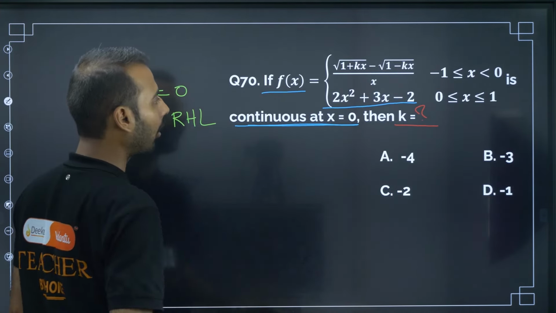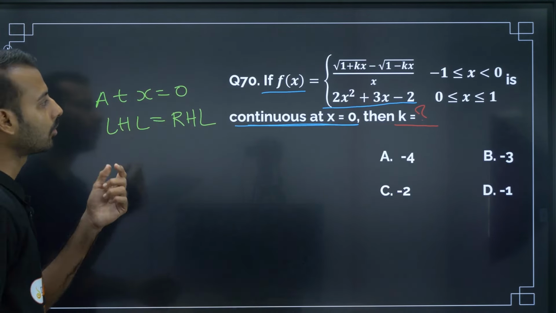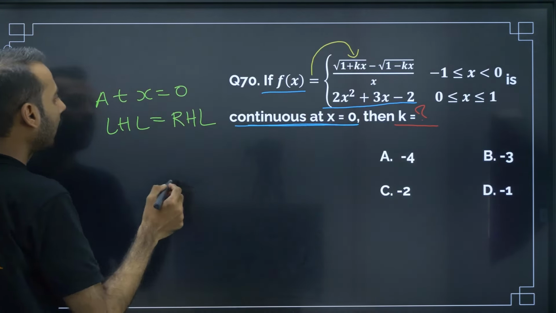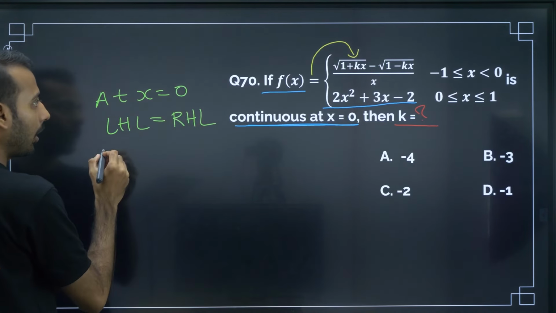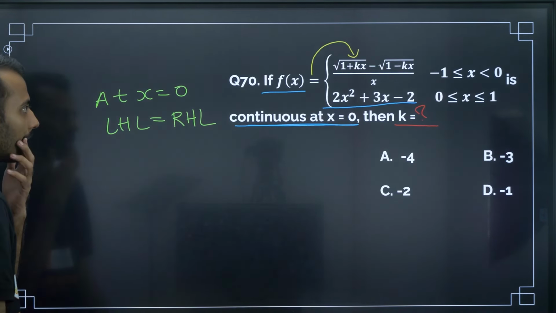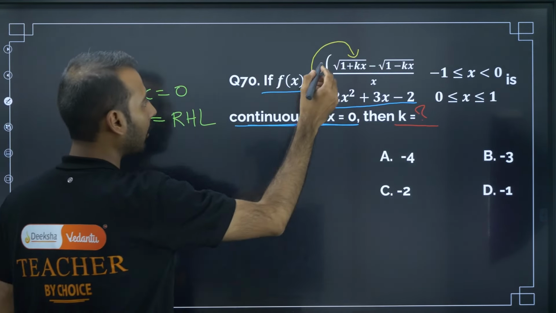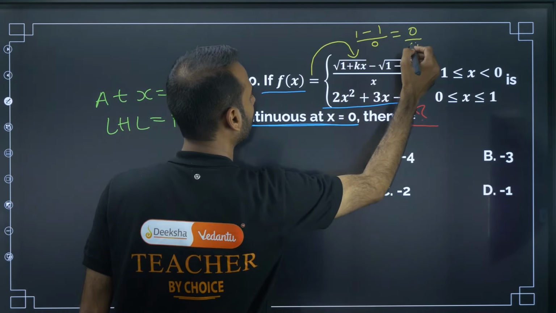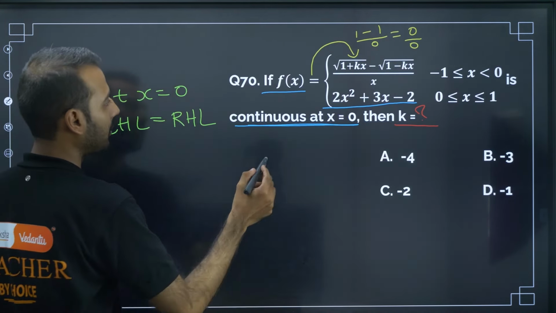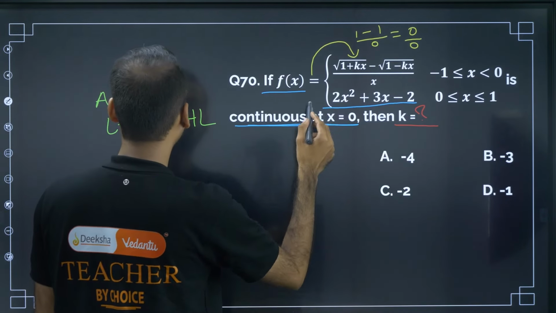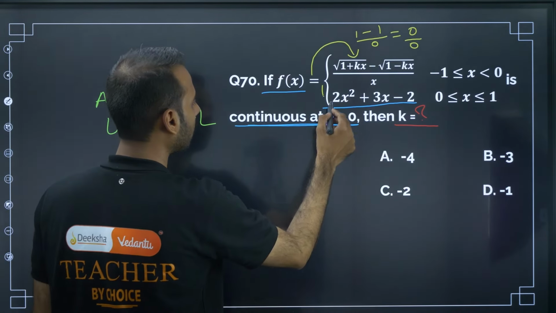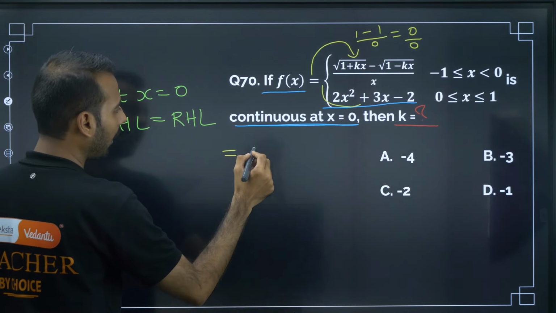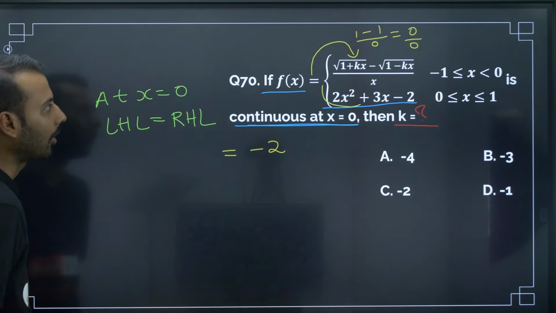Now how to evaluate the limit at x equal to 0 for the left hand limit? We have to go for substitution. If I substitute 0 in that, this becomes 1 minus 1 by 0, which is equal to 0 by 0. Next, RHL, the right hand limit, if I substitute x equal to 0, minus 2 is the value.